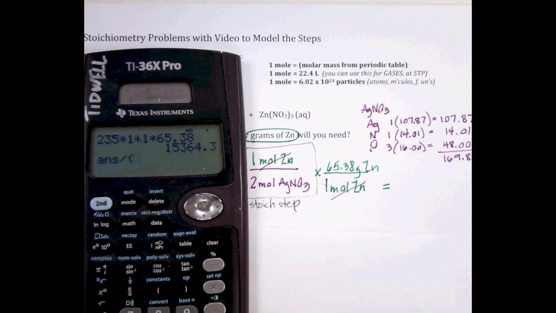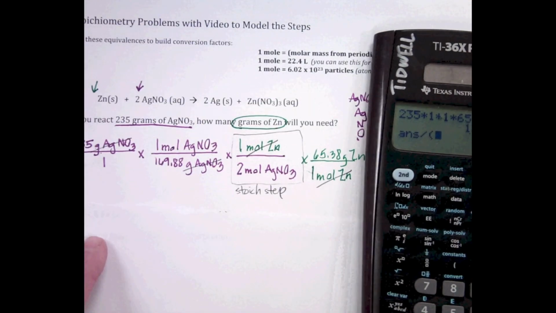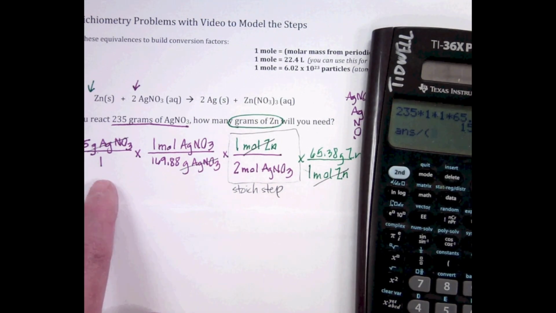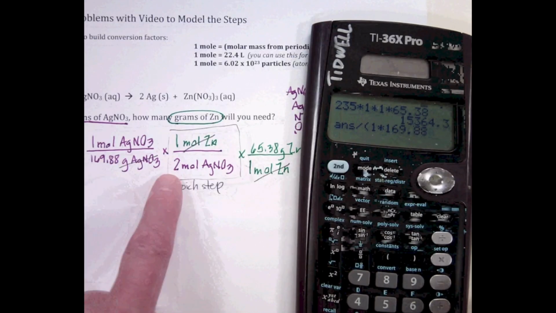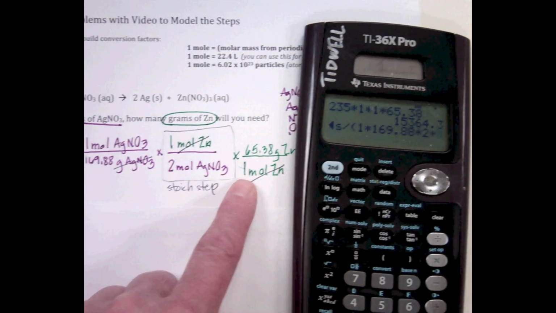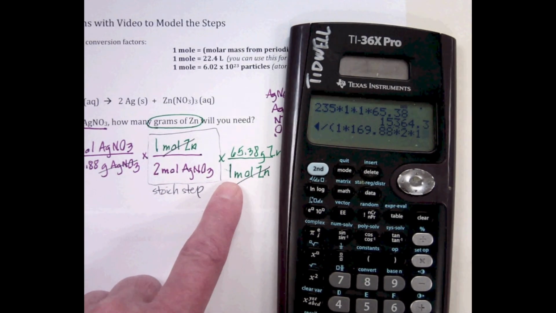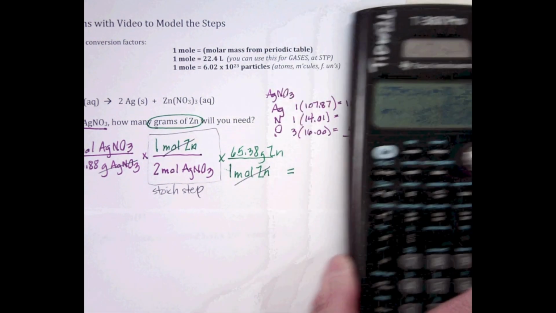So I type parentheses, and then I have on my denominator 1 times 169.88 times 2 times 1. When I get all the way across the denominator, I close the parentheses, and then I hit equal.